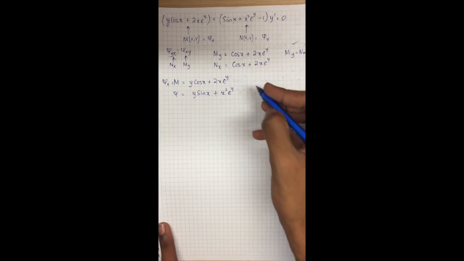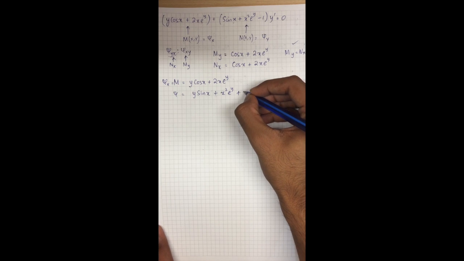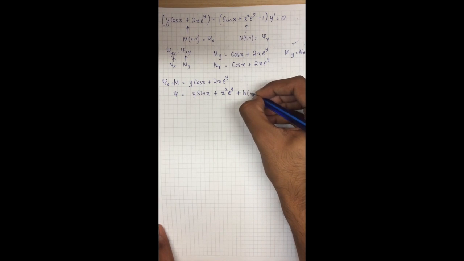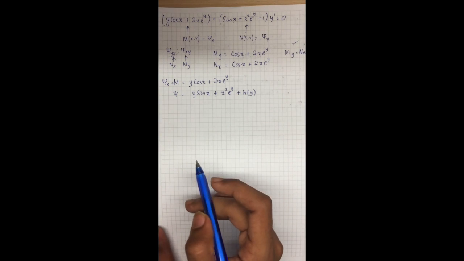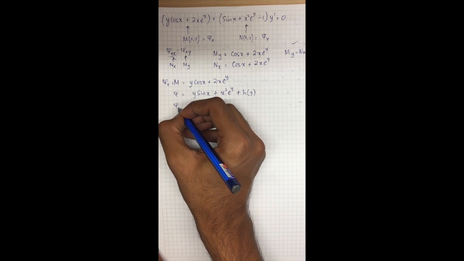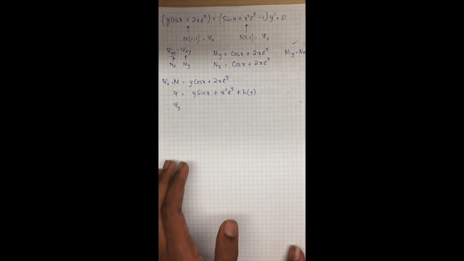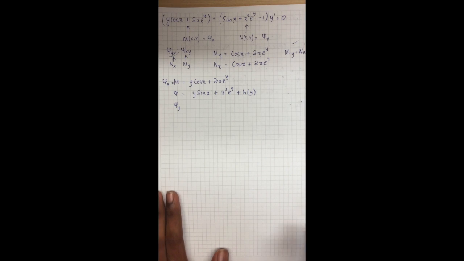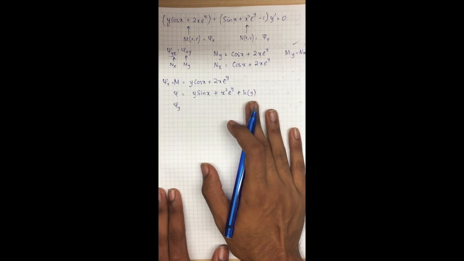I'm going to include the constant over here itself. So I'm just adding a function with respect to y because I've integrated with respect to x here. Now I'm going to partially differentiate this one with respect to y and compare these two terms to find h of y.